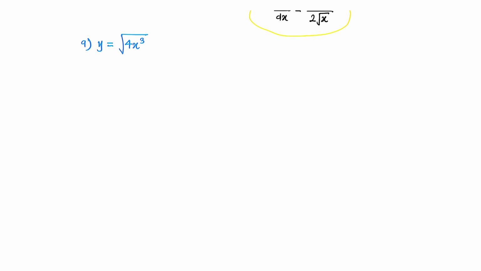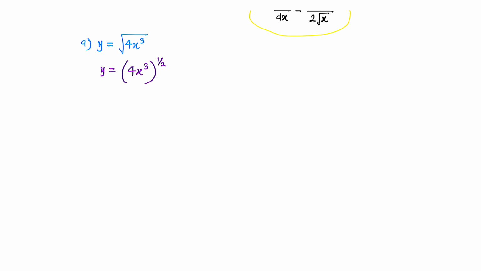Just like the last question, we need to rewrite this function in a way that the rule can be applied. So we get rid of these roots. That means y equals, and we explain that root means 1 over 2. So we write 4x cubed all raised to power 1 over 2.